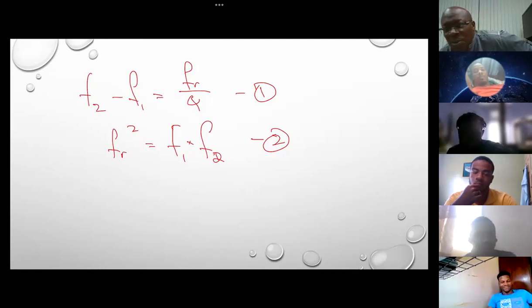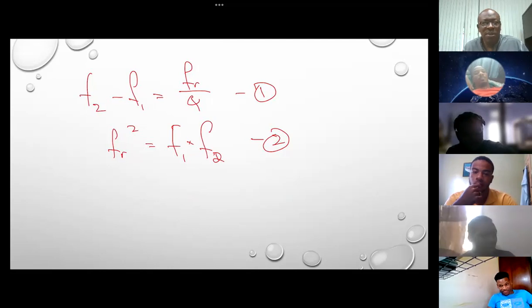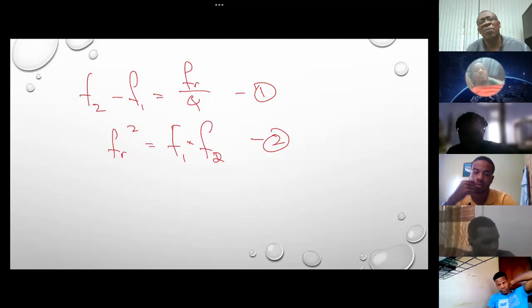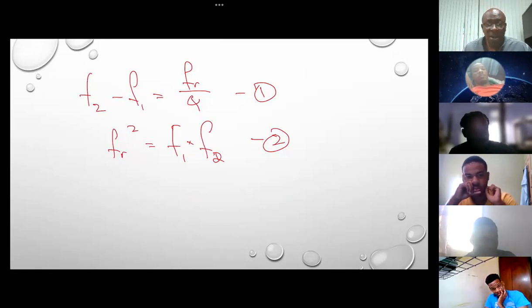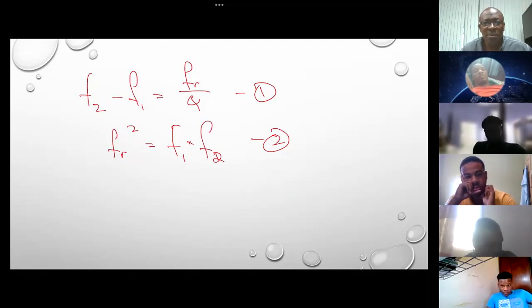That's why you do engineering math before you come to me, right? So you have these two equations. You have FR and you have Q. So F2 minus F1, we know is equal to 50. FR squared, we know would be equal to 4 times 10 to the 6. So it means that we can solve these simultaneously using substitution.